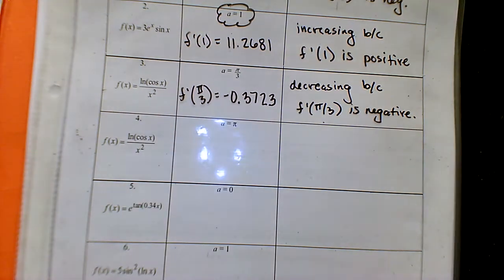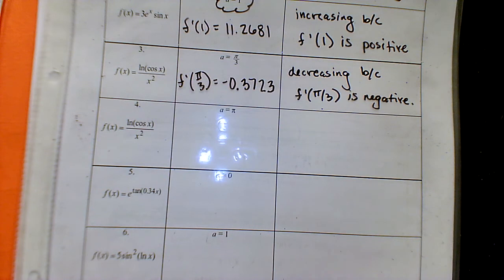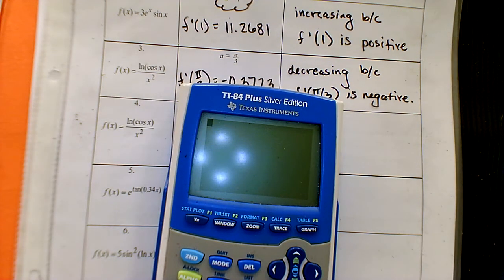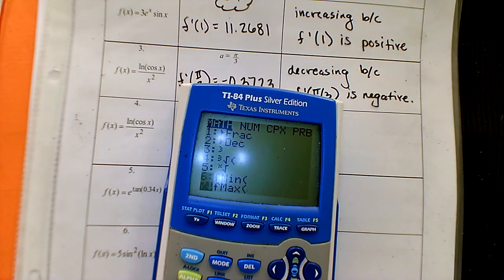Do you guys think you can do the next 3? Yeah? Like, when I'm typing in the ln cosine x, I can't make it so x squared is on the bottom. I'm trying to move the position outside the cosine. You can't create a fraction, so you could do divided by x squared.